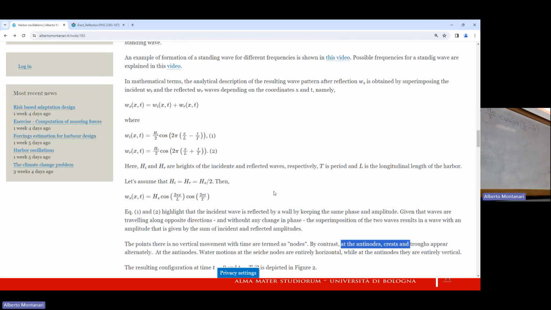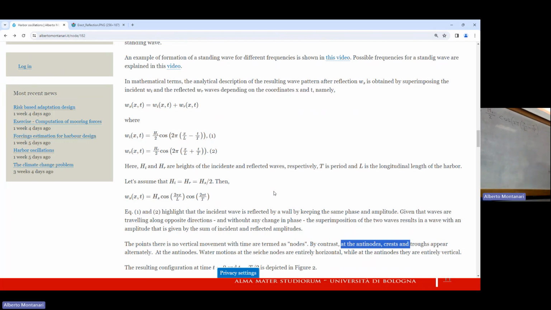So if I want to study the position of the incident wave at the head, I have to apply the equation for x equal to L and t equal to half of the period. Okay? Because the period is the time taken by the wave to go forth and back.